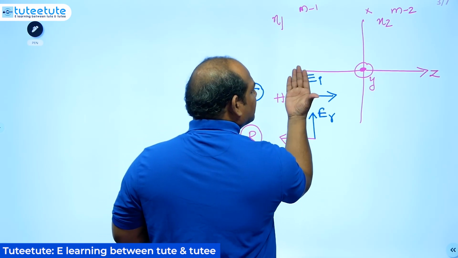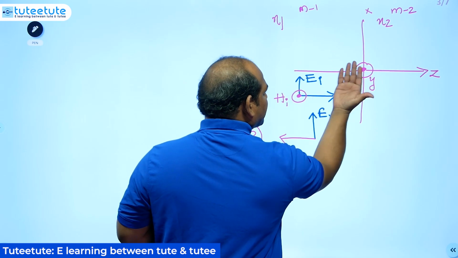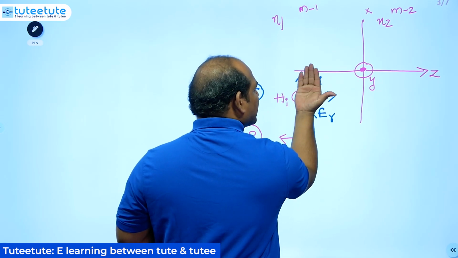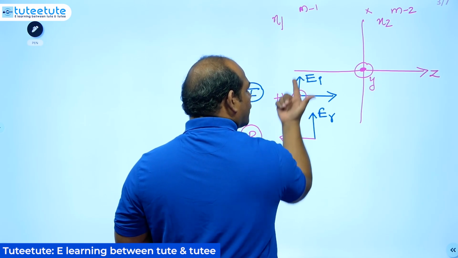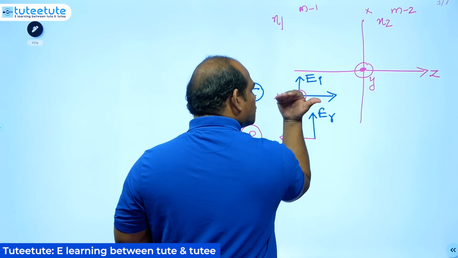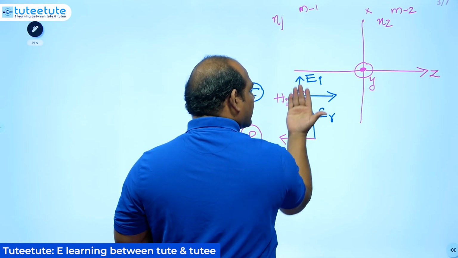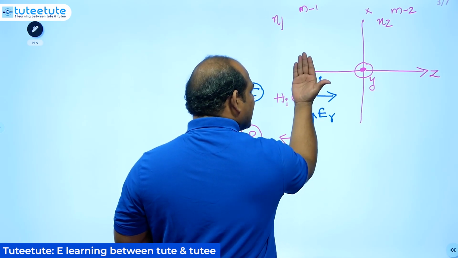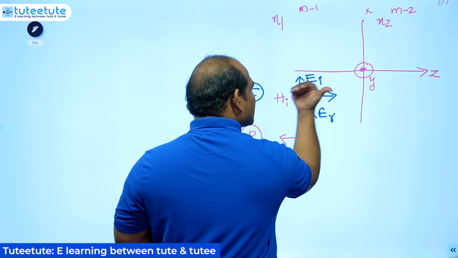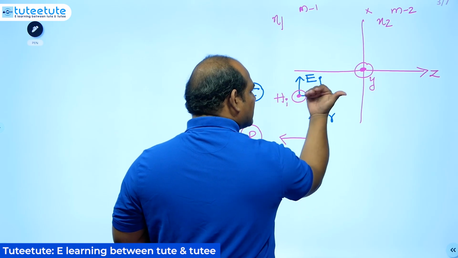In the incident wave, the thumb is representing the direction of propagation, meaning that it should be towards the z direction. So E to H. This is the E field, already represented. So the H field should be available towards y. So we are closing like this. Okay, this is representing the electric field and it is coming to the magnetic field, and the thumb is representing this z direction.